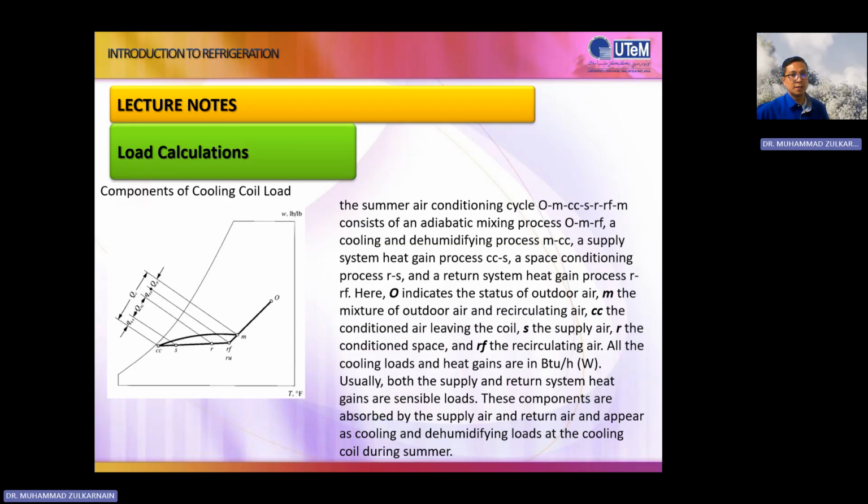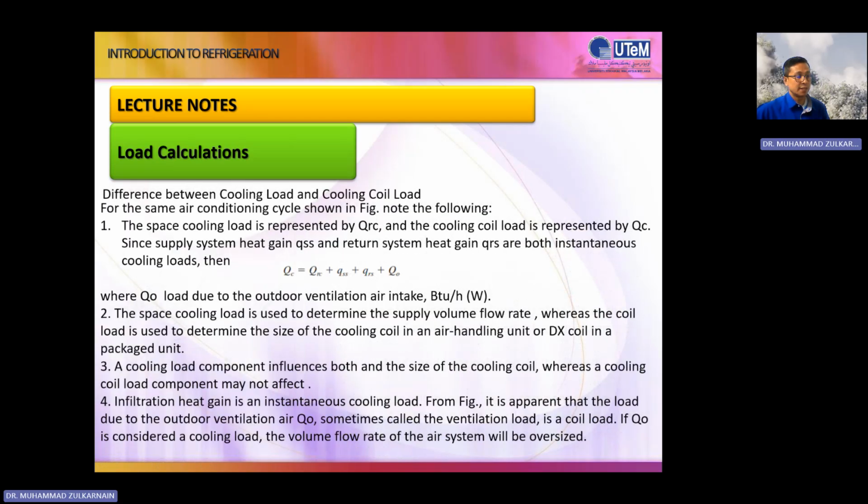If we feel comfortable at 22 degrees Celsius, the RF should be 22 degrees Celsius. So to achieve 22 degrees Celsius for the equipment, the CC should be lower than 22. That's the principle of using the psychrometric chart.